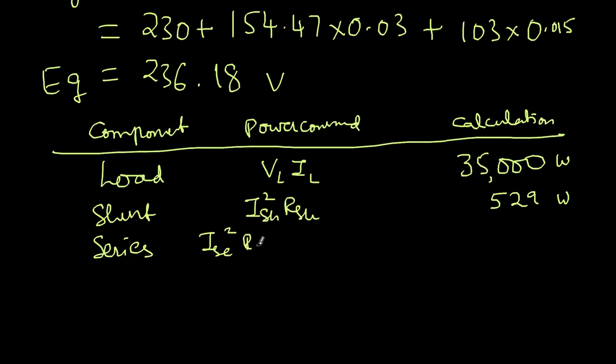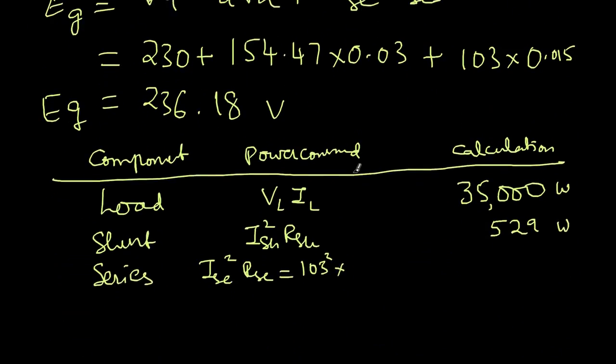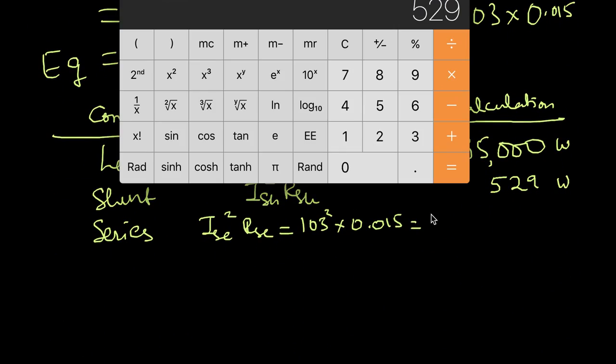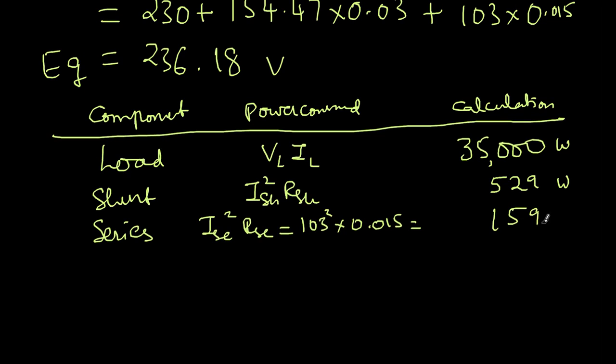ISC square into RSC, which is nothing but 103 square into the series resistance, 0.015. So it is 159 watts that is being lost in the series winding.